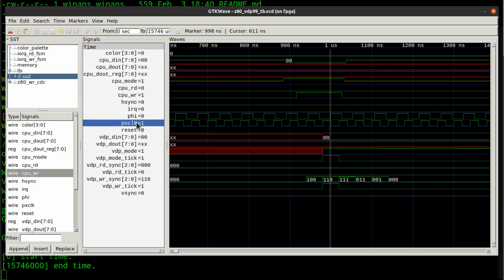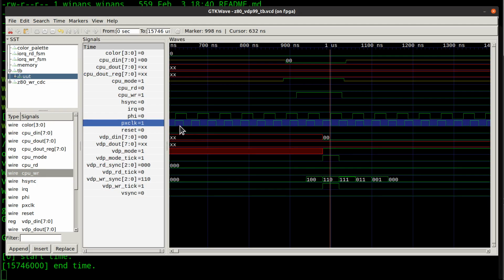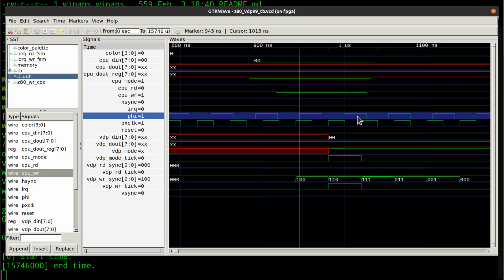So here's the pixel clock. And the edges on here represent when the VDP is ready to do things on these rising edges. More often than not, we do everything on these rising edges. The CPU is synchronized to the rising or falling edges of the V clock up here.